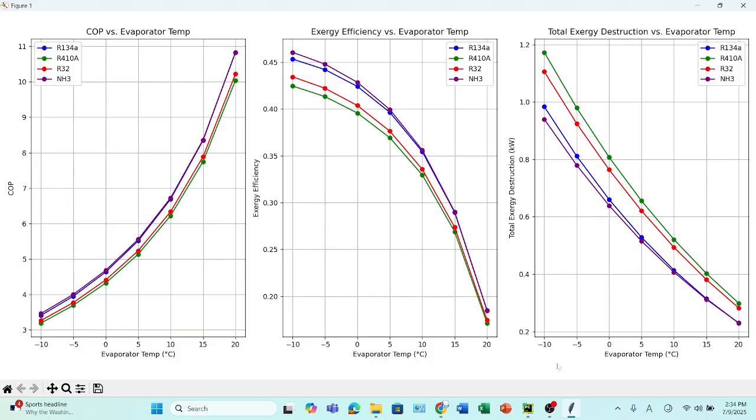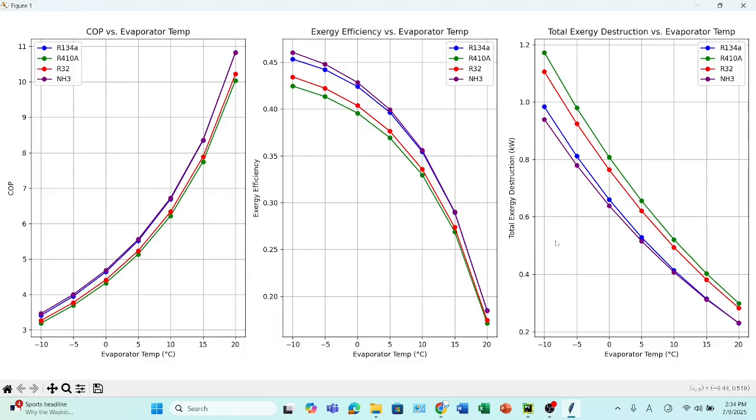But from these plots you can see there is a contradiction between these two things. If the total exergy destruction is decreasing, then the efficiency or the performance of the system should increase, whereas here it is saying the exergy efficiency is decreasing.